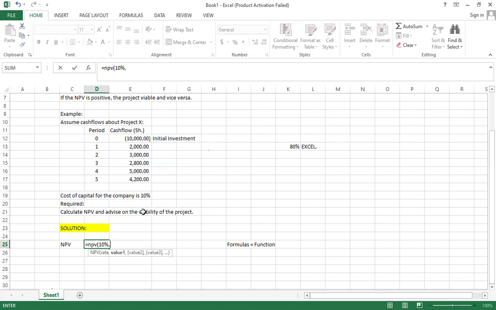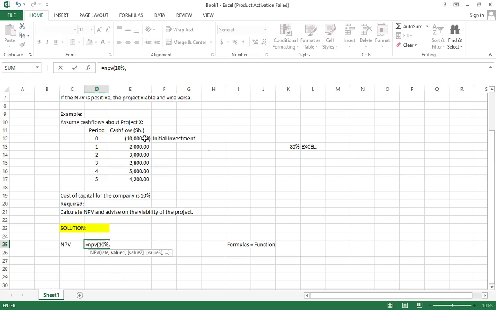Then we are told we should have value 1, value 2, value 3, and so on. By values, we do mean cash flows. When we are told to start with value 1, that means the cash flow for period 1. Those values 1, 2, 3 mean periods.